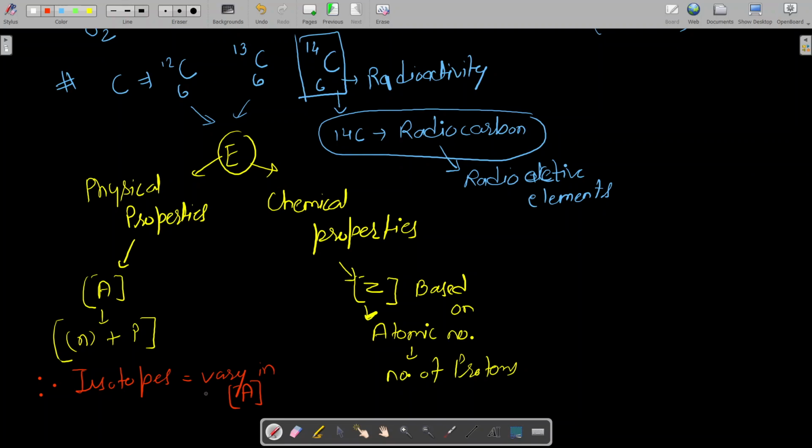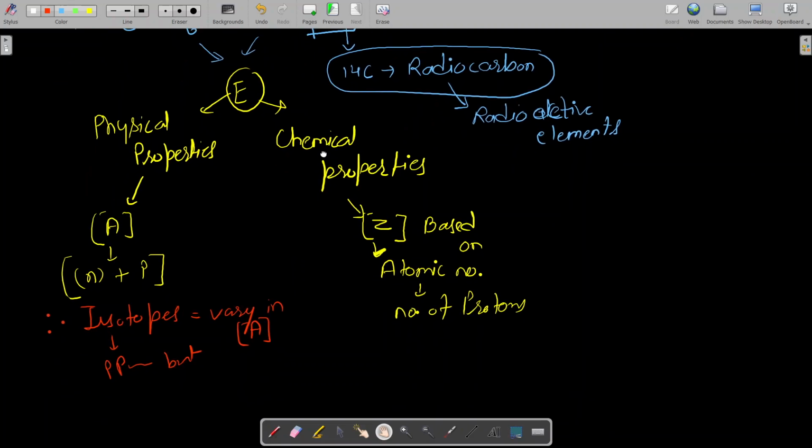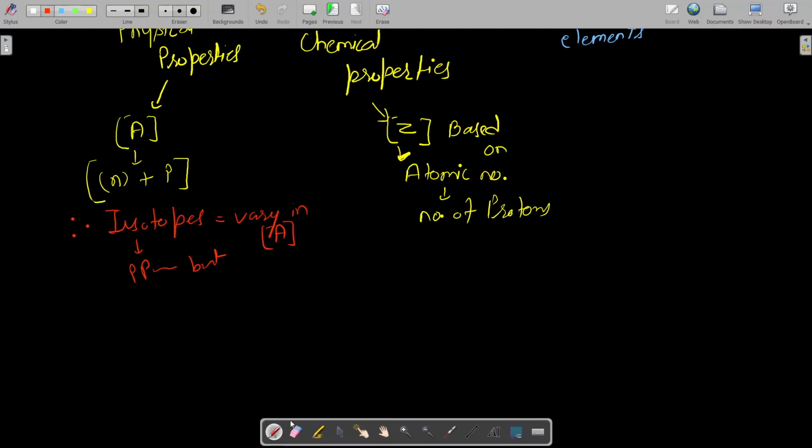So the physical properties of isotopes will vary, but the chemical properties will not change. Those are constant, because they are based on the atomic number. So it's very easy to understand the isotopes definition and the nature of isotopes in terms of physical and chemical properties.